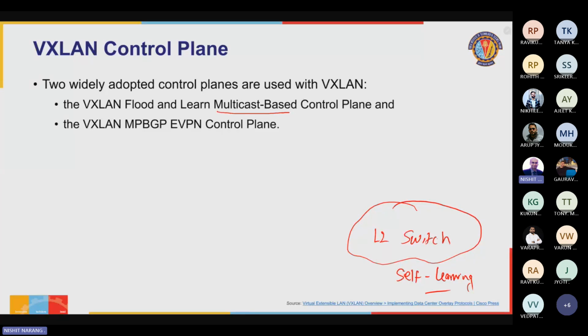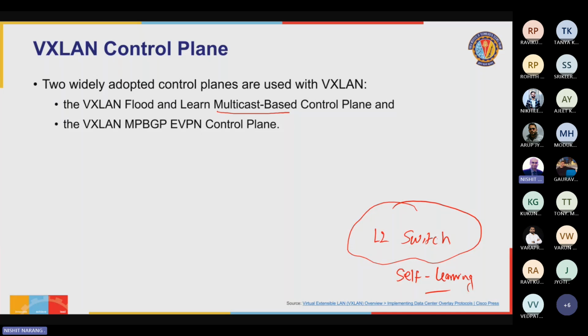I will answer in a while. But the underlying fundamental is still flood and learn. There's no routing protocol. The learning of which VTEP services which end nodes is a dynamic self-learning approach, and I learn that via the flood and learn principle.